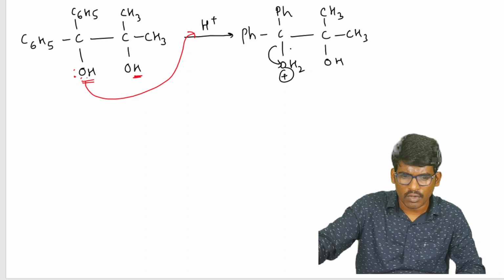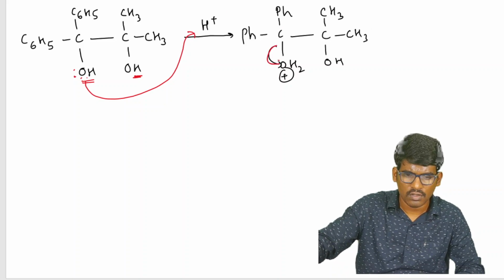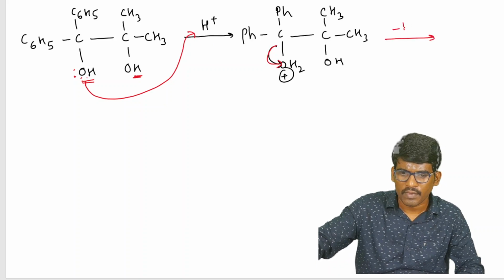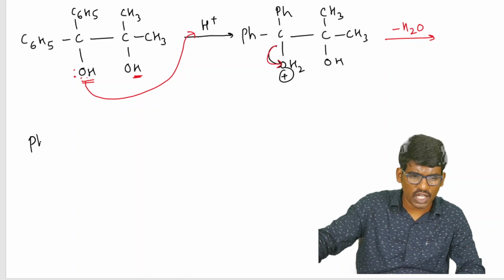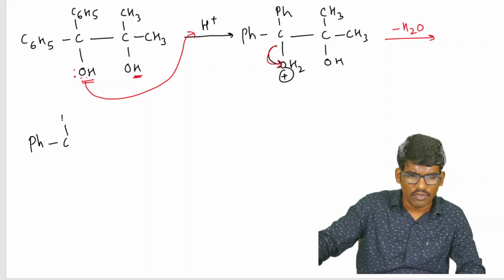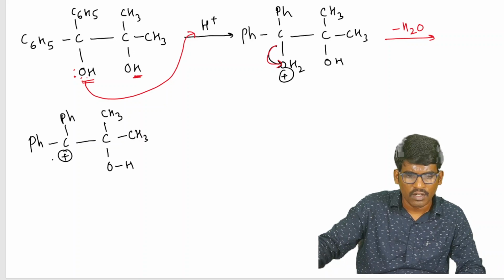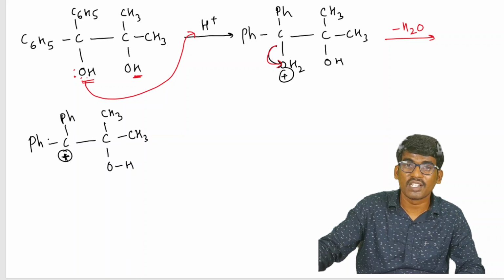I can polarize the bond in this way, so that the water molecule can be removed over here. If I remove the water molecule, the positive charge is erased and a carbocation is formed, right? If a carbocation is formed over here, CH3, CH3OH, this carbocation is more stable because it is stabilized by resonance.